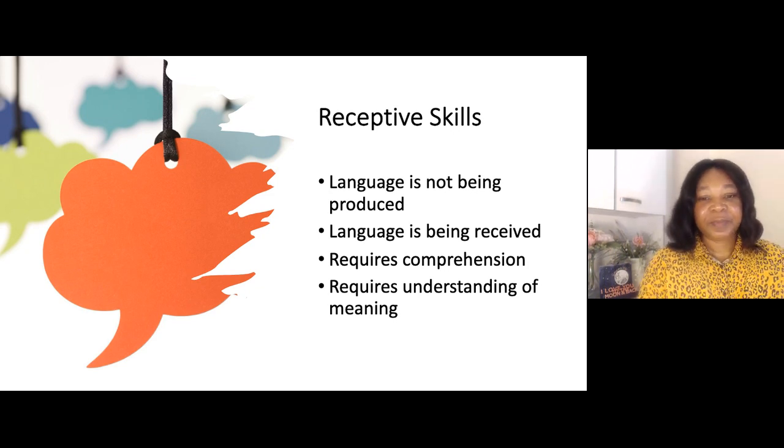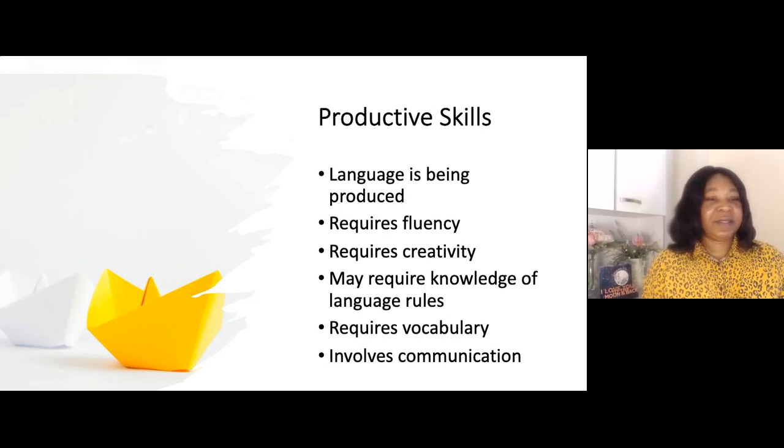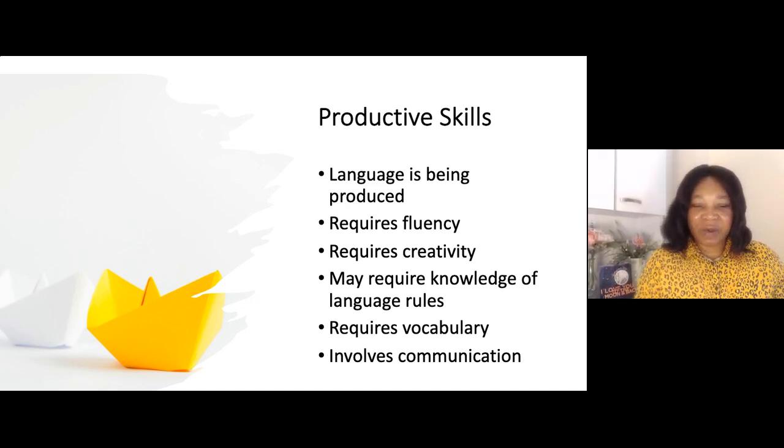Thank you. So we have receptive skills and we have productive skills. And this understanding is very, very important. Receptive and productive skills. So we receive language and we produce language. So when you're doing a grammar class, what do you want your students to do?